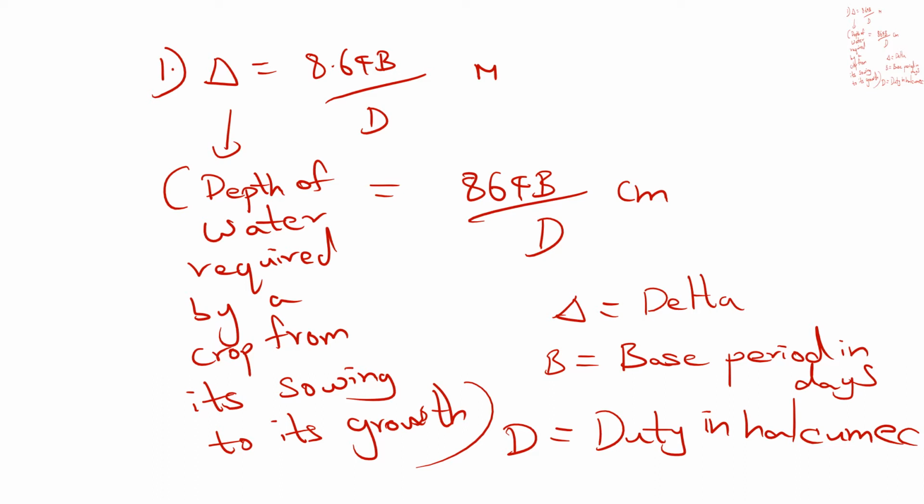So 1 cumec for the growth of the crop, till its final growth, is called the duty. You express it in hectare per cumec. This is what duty means. The other formulas will be in the next slide.